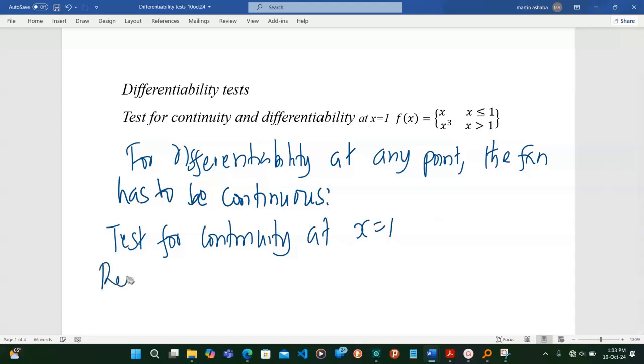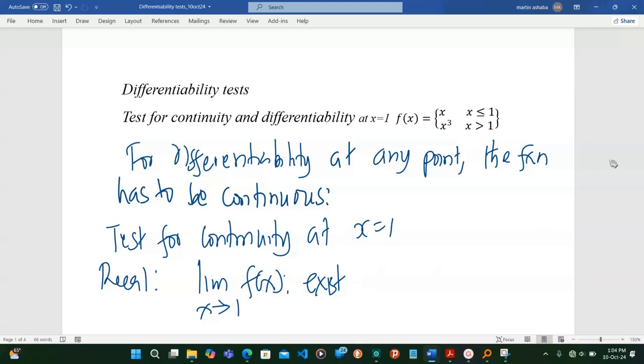So recall the limit as x tends to c of f of x must exist. In other words, if c is equal to 1, the limit as x tends to 1 must exist.